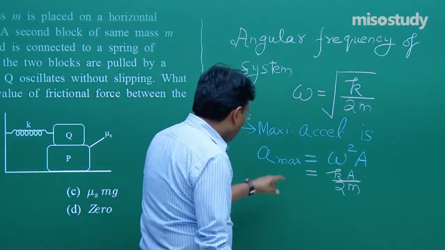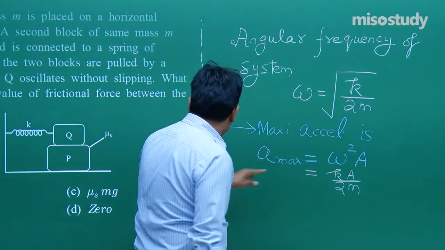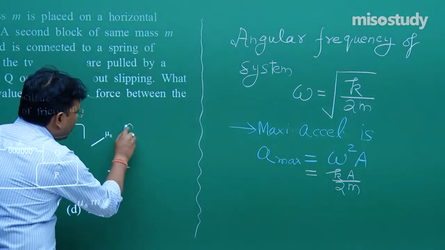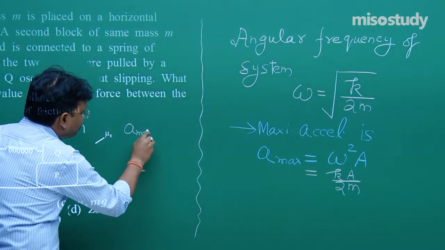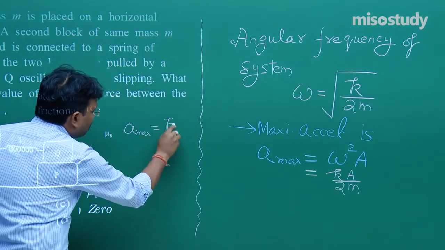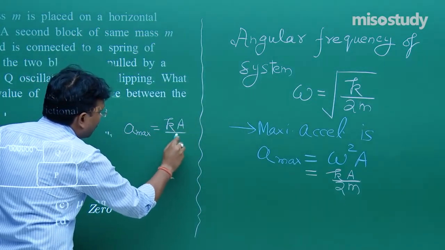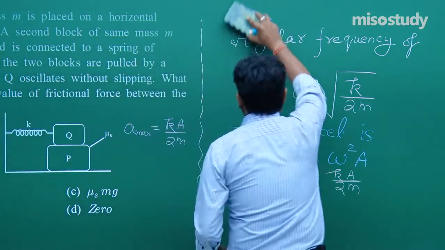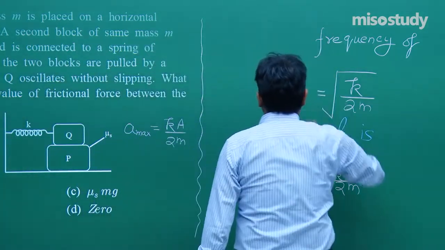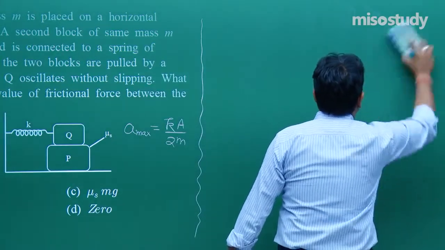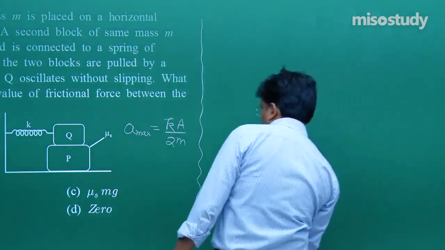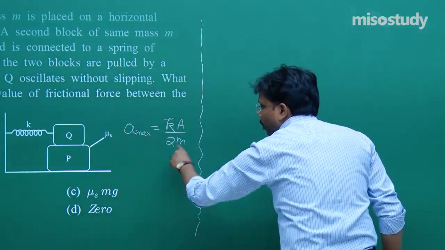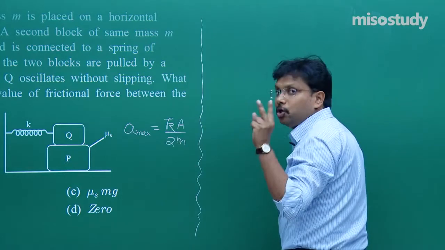So I will write down this A max over here, that is A max is equal to Ka by 2m. Now let it remain over here, we can use this space now after cleaning for the further explanation, okay. But ultimately this term is going to be very important for us. Right now we just mentioned two terms.